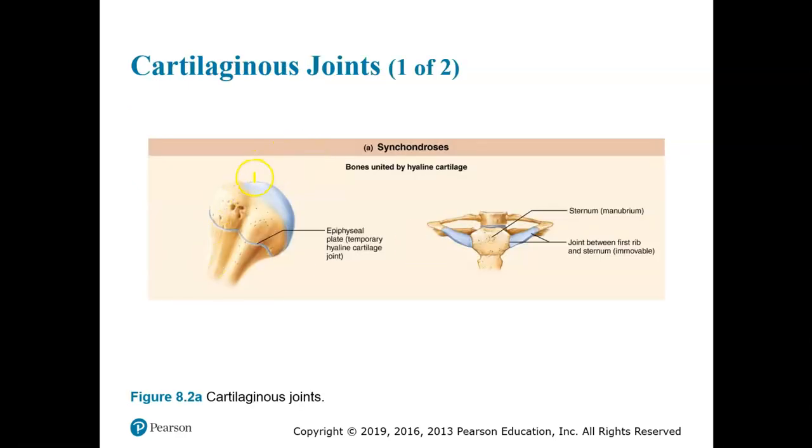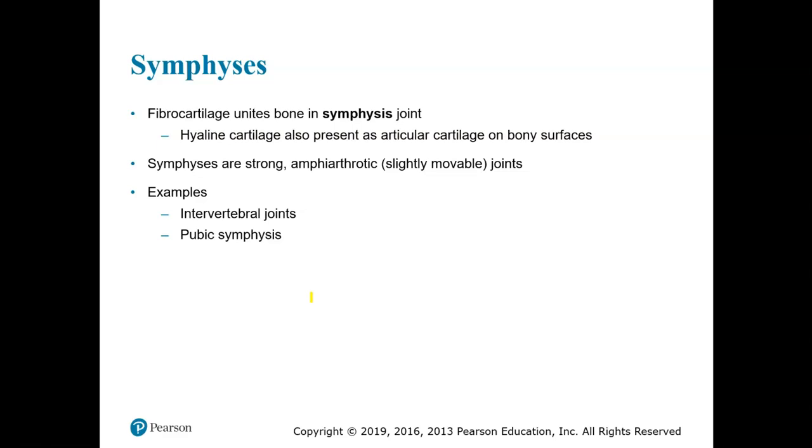And here you see a picture of both of them. You see the epiphyseal plate here, that's a synchondrosis. And then you see where the first rib meets with the sternum, that is also a synchondrosis. Both are cartilaginous joints. And then a symphysis is another example of a cartilaginous joint.